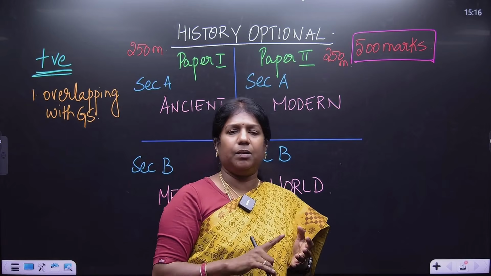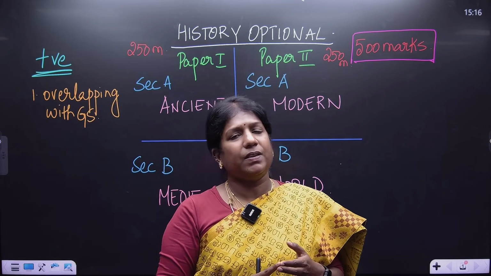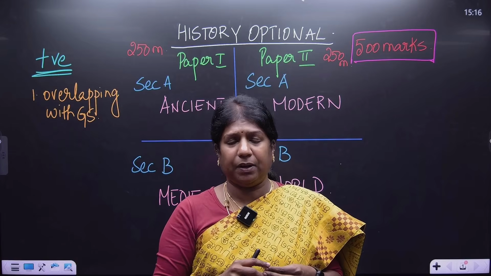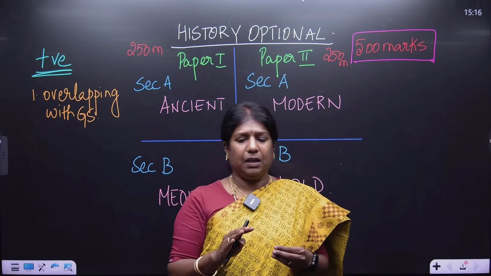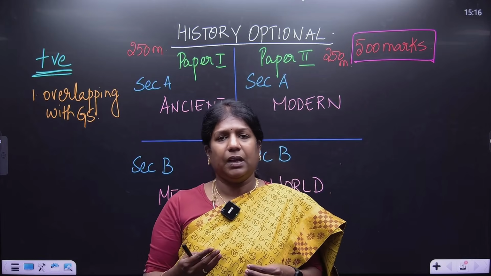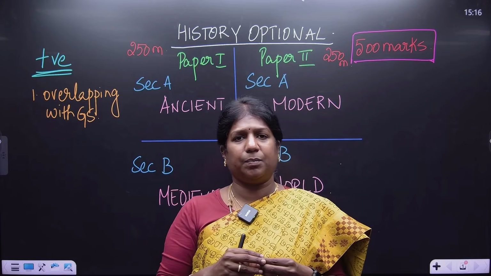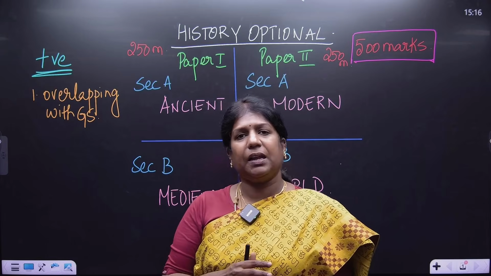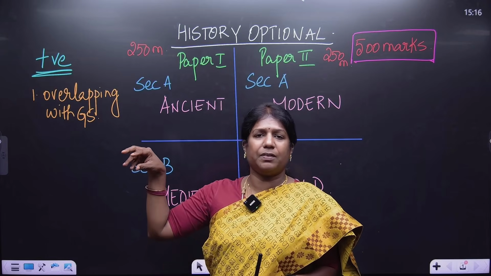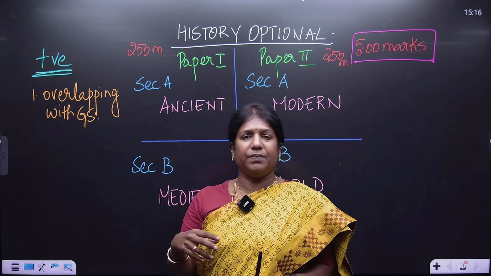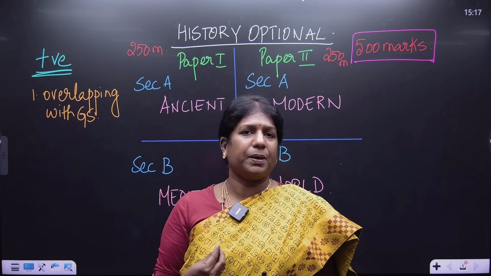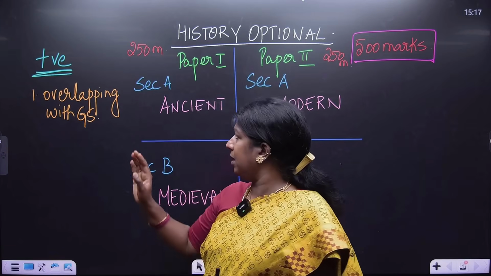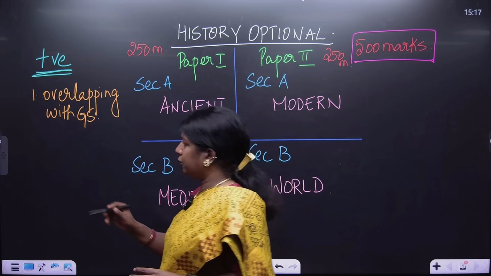Ancient, medieval, modern, world, what we study in our GS paper is exactly the same as what we have in our optional. Generally I tell students 85% of the syllabus is overlapping. The remaining 15% is where we have some depth, some concepts to be covered, and some new kingdoms which UPSC has included. So it is overlapping with GS.